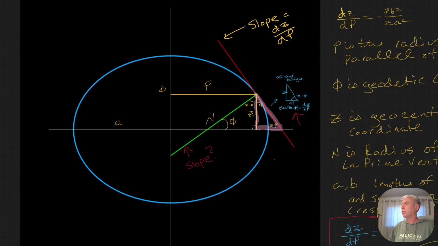That's what we use to get our components. We have our length of the radius of curvature in the prime vertical, and we have our z. So we have everything, and a, remember, is defined by our ellipsoid, and b is defined by our ellipsoid. So we derived one of the components, and I threw the other ones at you. But with those formulae, we can do just about anything with information on the ellipsoid.